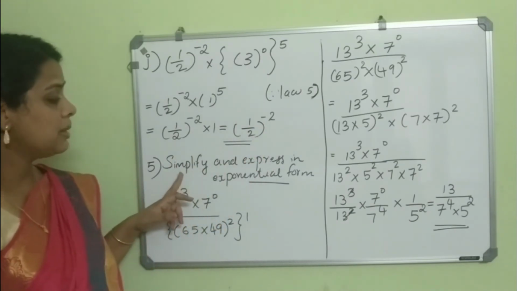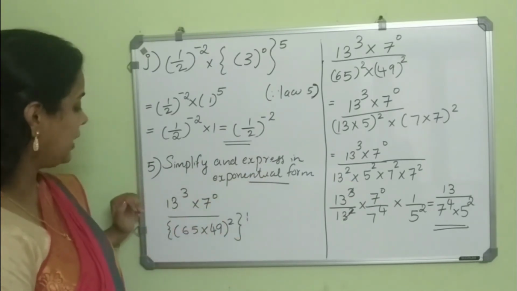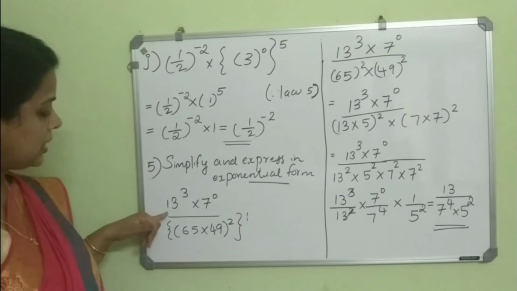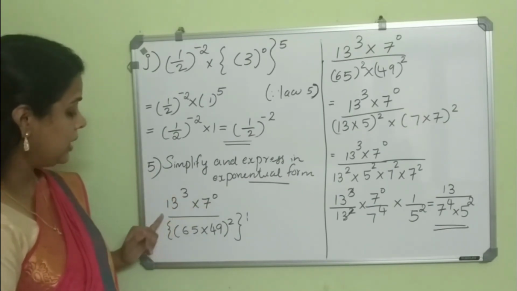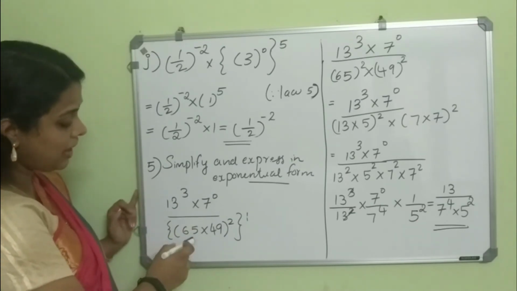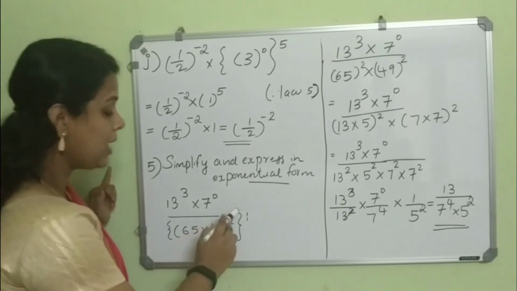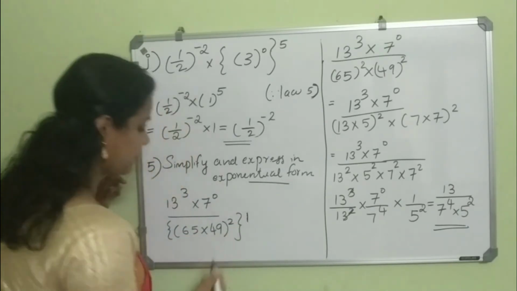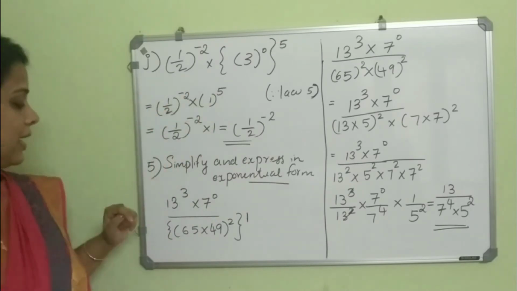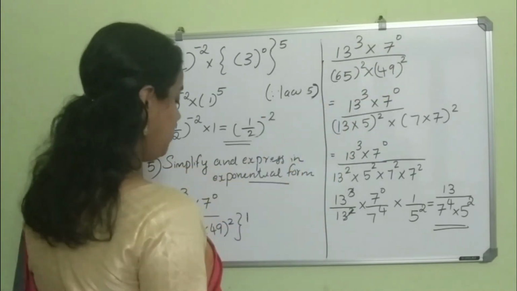Next main, simplify and express in exponential form. In that, see this question, 13 raised to 3 into 7 raised to 0 by 65 into 49 raised to 2, and all raised to 1. Here 1 is there. Now we can write 13 raised to 3 into 7 raised to 0.